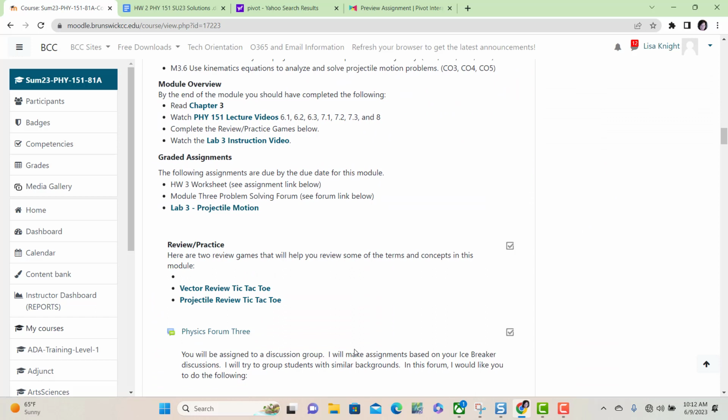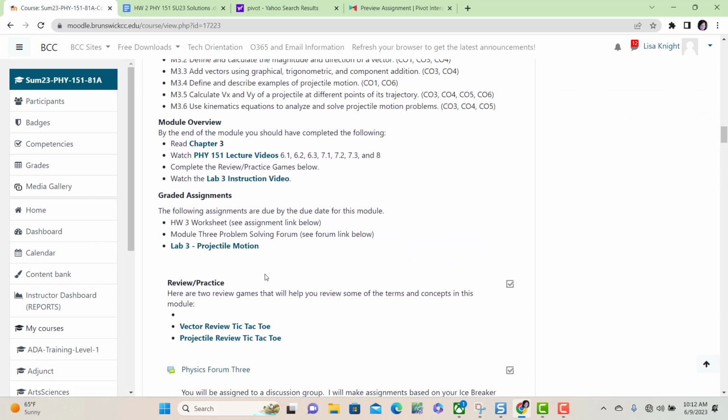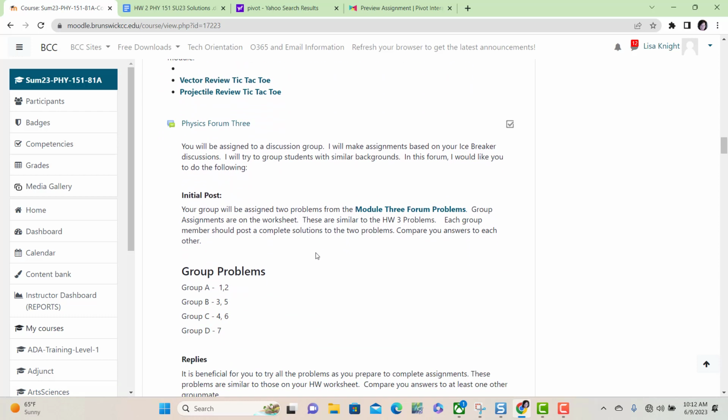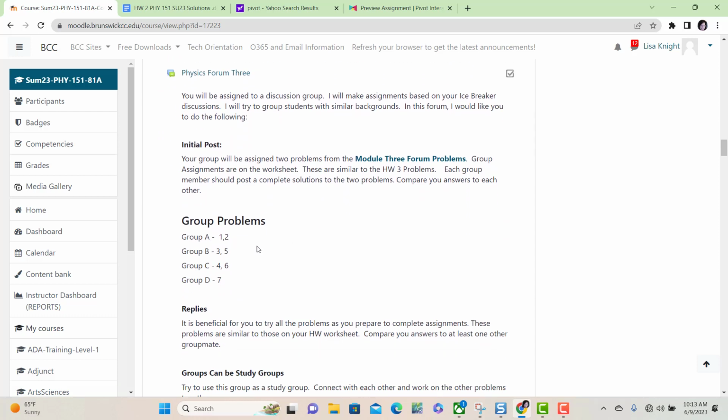In Module 3, you'll have another worksheet, and you'll have a problem-solving forum. And in that forum, you're going to basically be assigned to a group, and the group is going to be assigned 2 problems to do from a worksheet.